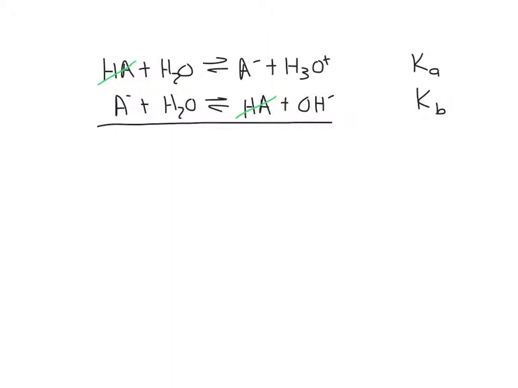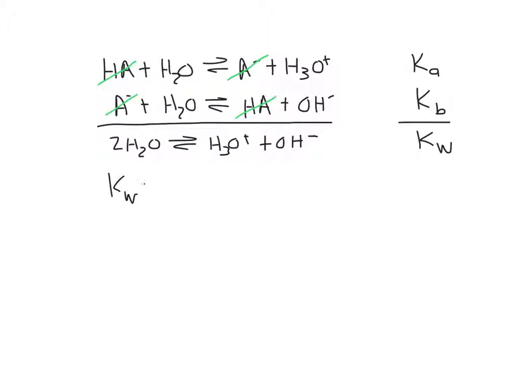And the conjugate base is a product in one reaction and a reactant in the other one, so likewise those will cancel out, and we'll end up with 2H2O forming H3O+ and OH-. This particular reaction is called the autoionization of water and has an equilibrium constant that is designated as Kw. Remember that when we add reactions, we can multiply their K values to find the equilibrium constant for the resulting reaction. And so we can write that Kw must be equal to Ka times Kb.